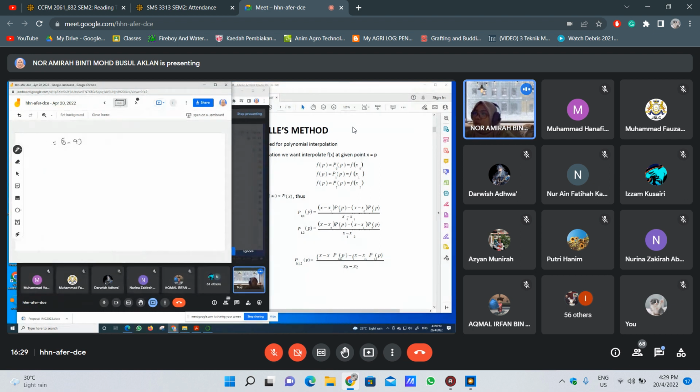P01 0.3 tolak dengan x minus x0 awak 2, P12 berapa tadi? 0.35 kan. And then x0 2 tolak x2. x2 is 4. Berapa dapat? Point 325.